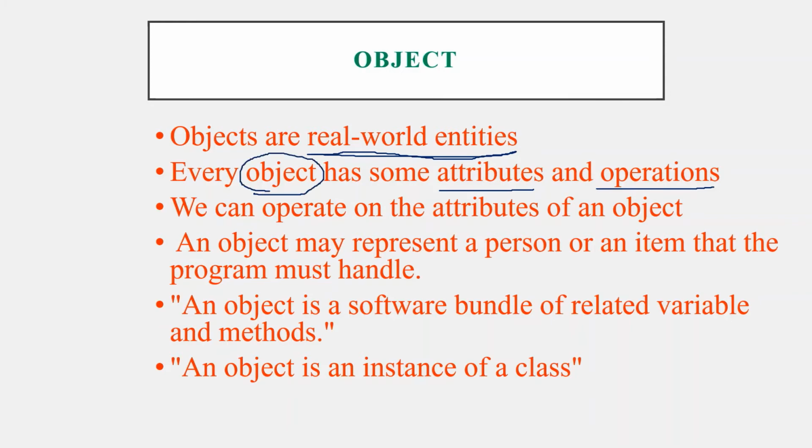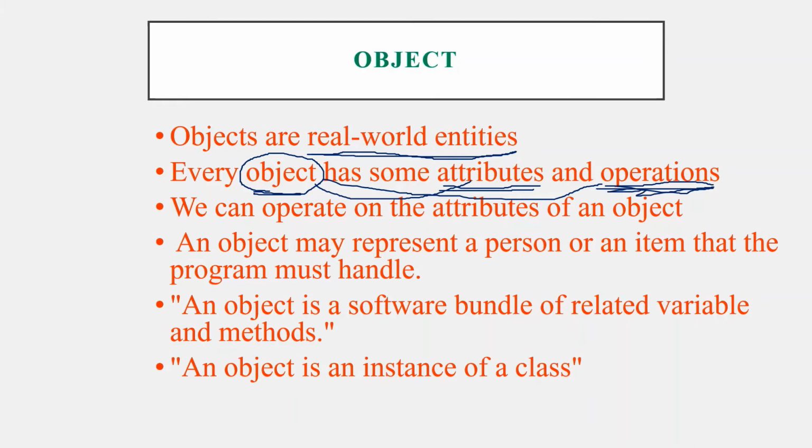One is attributes and the second one is operations. We will see later what an attribute is and how to write operations. We can also operate on the attributes of an object. Just now I told you every object has attributes and operations, and these operations are performed on the attributes.